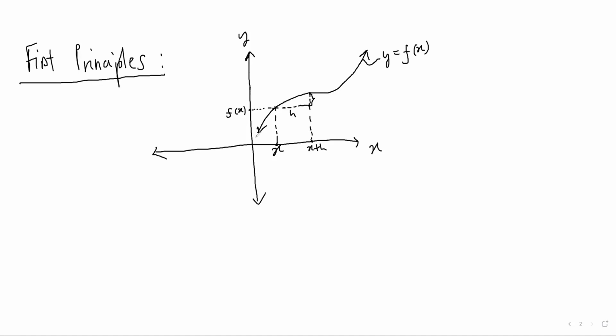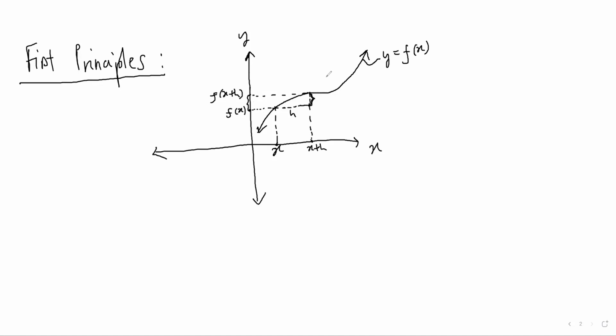There's f of x. And also f of x plus h, you can indicate there along the y-axis. It's f of x plus h. So this distance here is the same as this distance here.